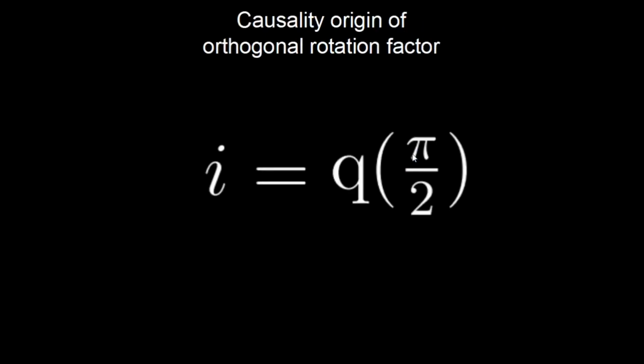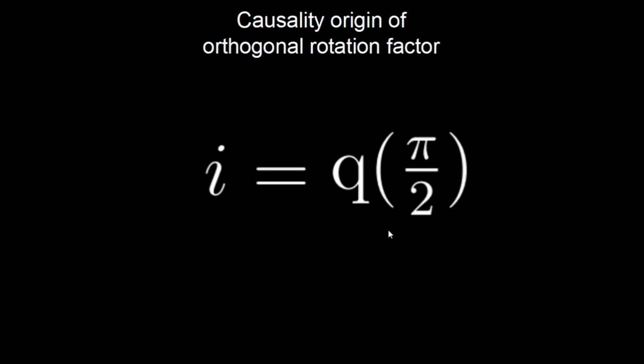Next, the causality origin of the orthogonal rotation factor I is discussed. This is the orthogonal rotation factor I definition. Up to now, the I is still a symbol as Q half pi. One may still ask, what's Q half pi?